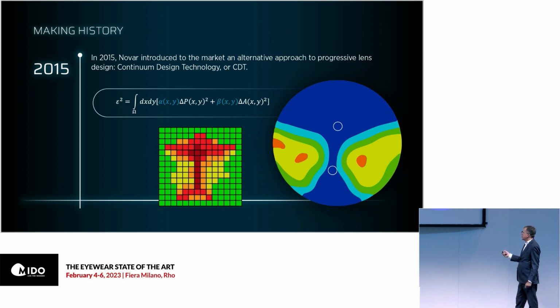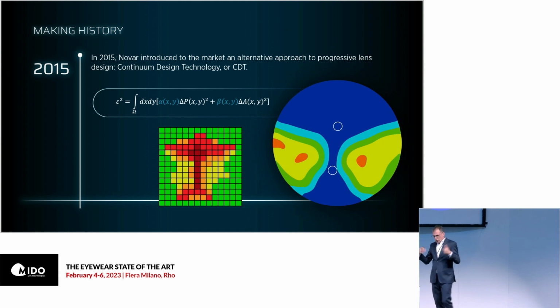But as you know, it's not possible to have a progressive lens without aberrations. So once we establish a math, or any company in the market establishes a math, what is necessary to do is to define a couple of functions that we use to communicate with the math in order to tell where the designer is more interested in having low aberration or the power be constant, or whatever.